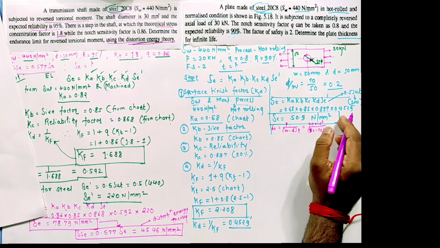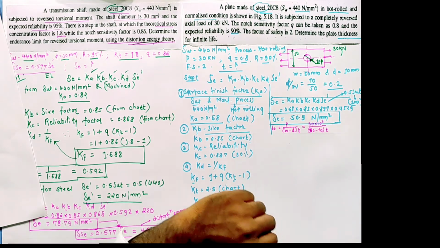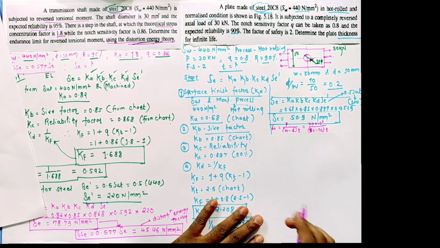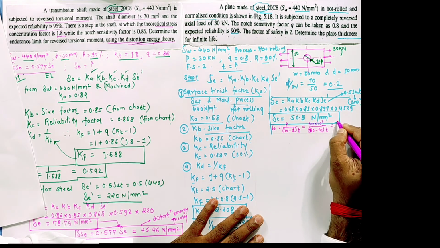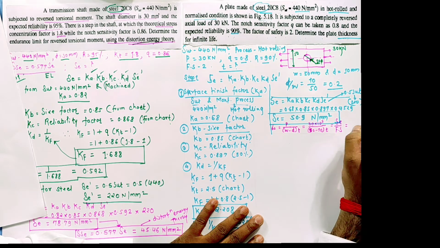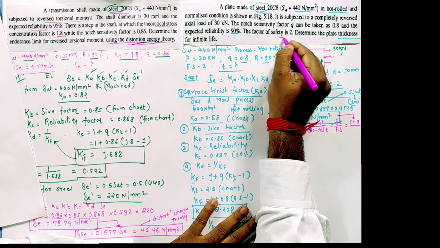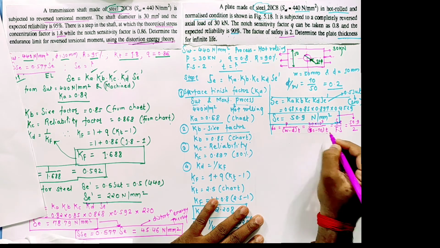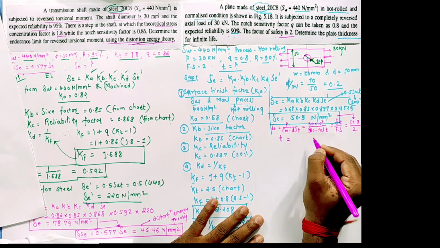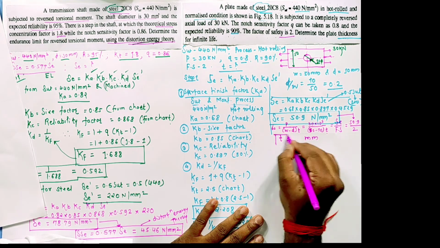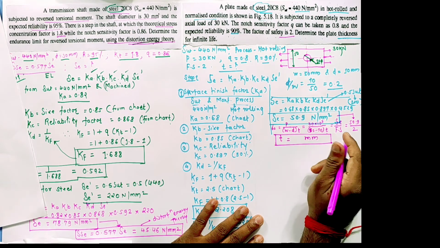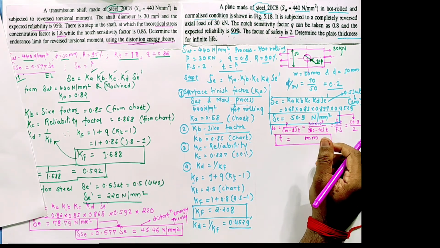But by comparing, this sigma o is equal to the endurance limit Se by Fs, and this Se is nothing but 50.9, divided by factor of safety 2. The unknown is t, through which I'll get the thickness. Understood? We have to compare with respect to the endurance limit only for the nominal stress.